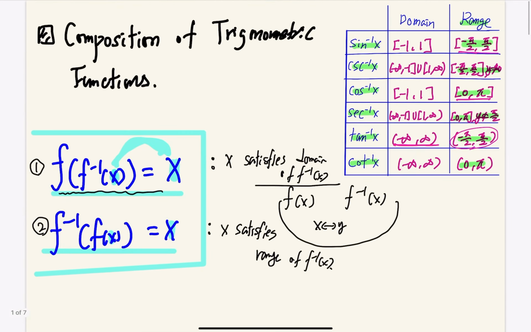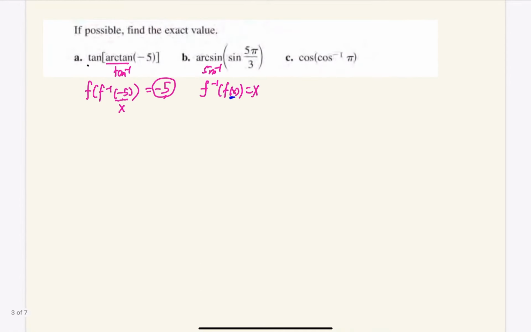The range of inverse sine is between -pi over 2 and pi over 2. So if x is between -pi over 2 and pi over 2, the answer is x, right? What's x? 5 pi over 3. That's out of the range. So the answer is not equal to 5 pi over 3, which means we cannot use the composition rule.